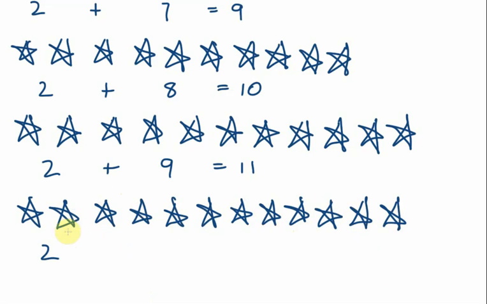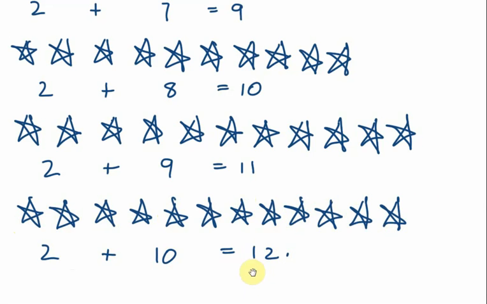So we took 2 stars and added them to 10 stars. Now let's count those up. 1, 2, 3, 4, 5, 6, 7, 8, 9, 10, 11, 12. So 2 stars, when added to 10 stars, gives us 12 stars.